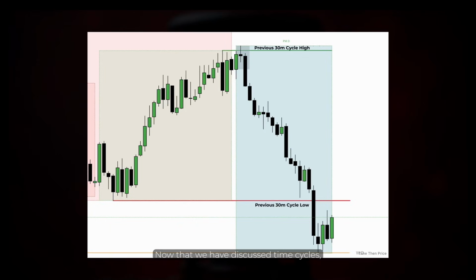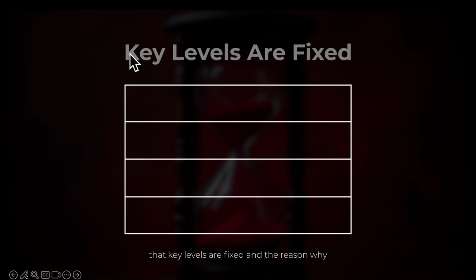Now that we have discussed time cycles, we're going to be discussing key levels. When it comes to key levels, you must note that key levels are fixed. The reason I'm mentioning this is because key levels are fixed levels, whereas the time cycles, their highs and lows, are dynamic. The time cycles, their highs and lows change, meaning their price goes up and down.